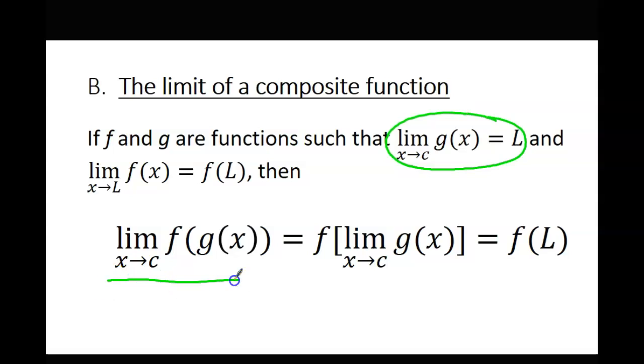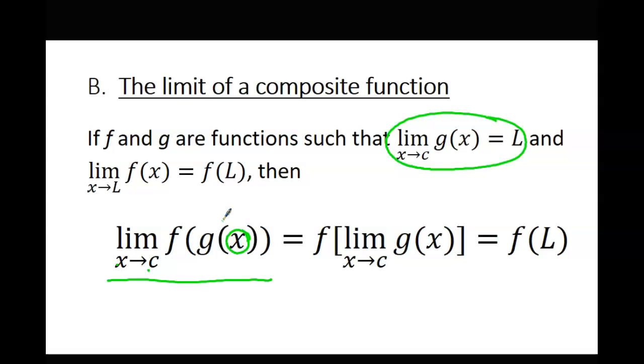And I'm asking you guys to find a limit of a composite function. Well, x is approaching c, right? So what function does that affect first? Does that affect the f function or the g? It's going to affect the g, because the g is the one that has the x, right?